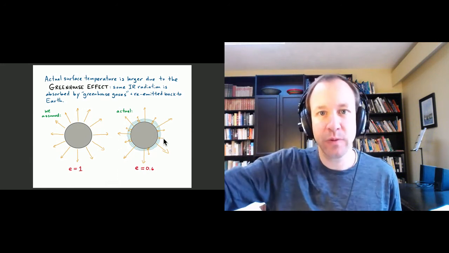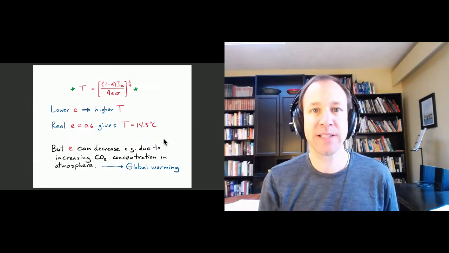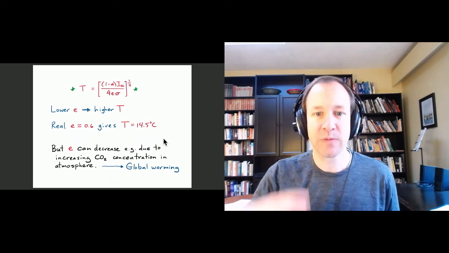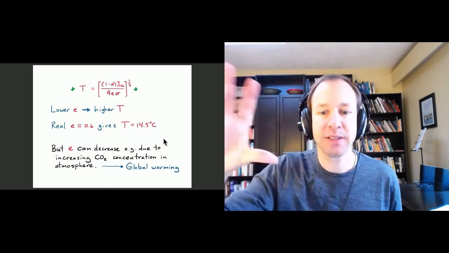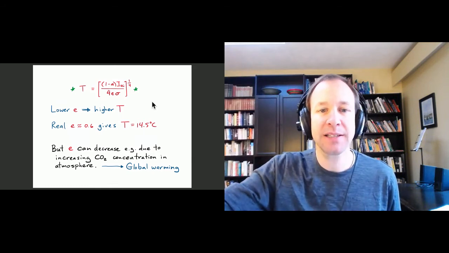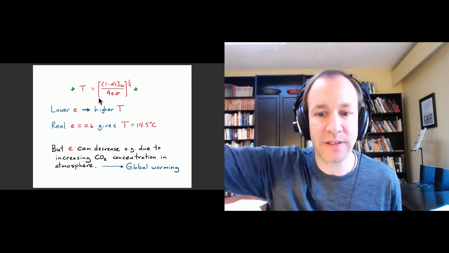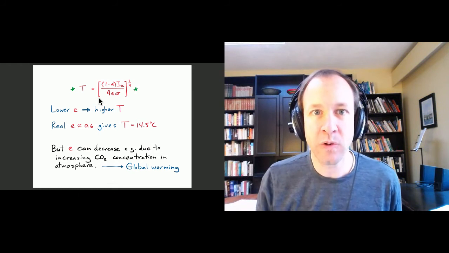More of the radiation will be absorbed, less will go out into space. And so as a result, the emissivity is going to be smaller as we make that increase in concentration. Okay. So increasing the concentration of something like carbon dioxide, according to our formula, will cause an increase in temperature. And this is the physical origin of the global warming effect.